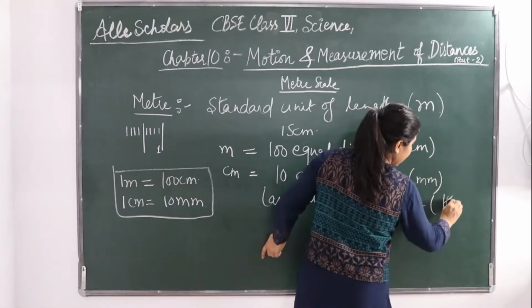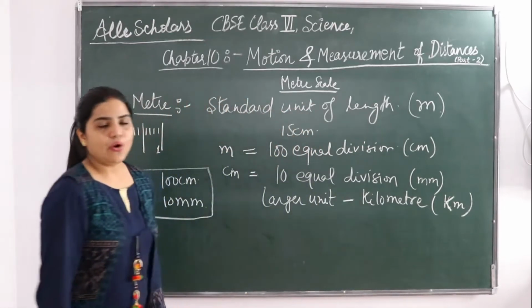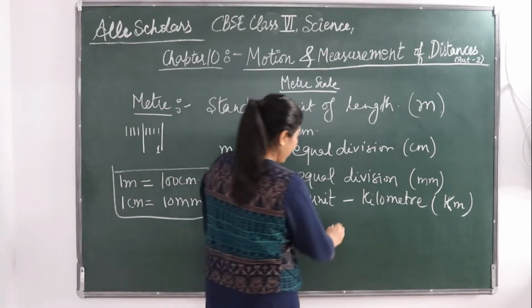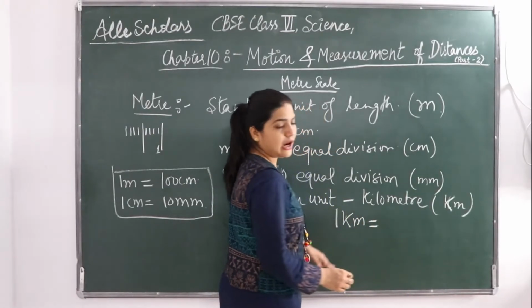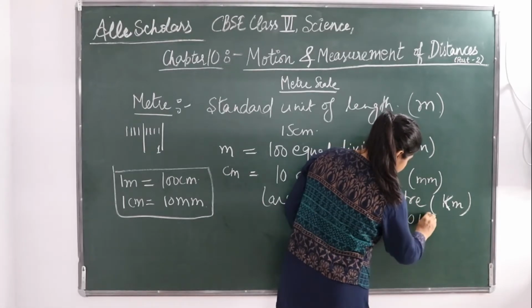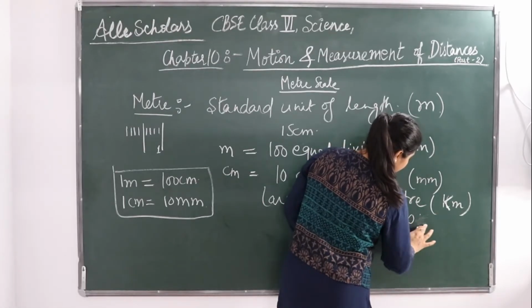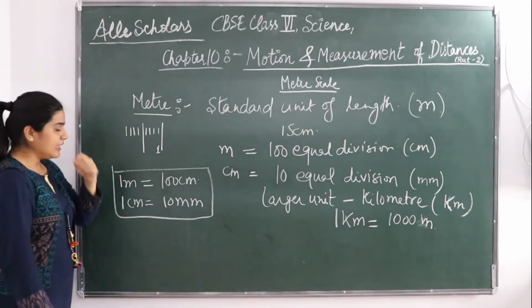It is denoted by capital K, small m. So 1 kilometer has how many meters? 1000 meters. Kilometer is used for larger distances.